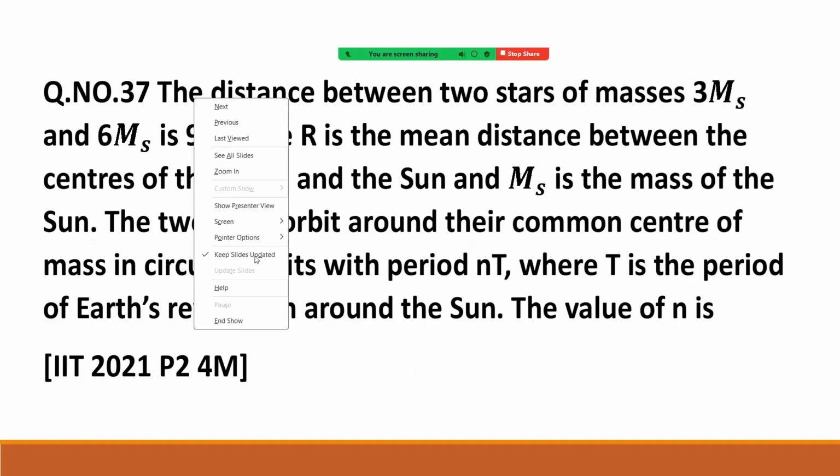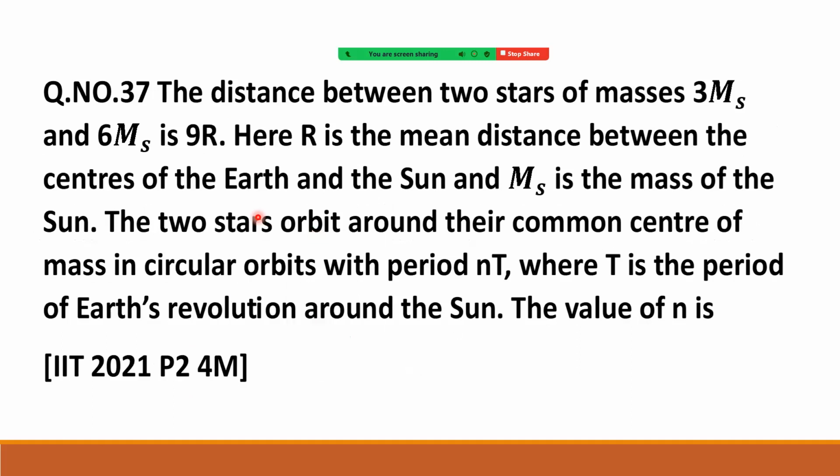Right. See the question given. The distance between two stars of masses 3 times the mass of sun and 6 times the mass of sun is 9R. Here R is the mean distance between the centers of the earth and the sun and Ms is the mass of the sun.